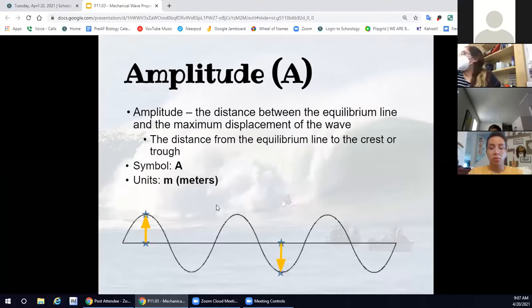Depending on the waves, sometimes it can be a very high amplitude, sometimes a very low amplitude. It can be in millimeters, it can also be in kilometers, depending on what type of waves we're talking about. For example, AM and FM radio waves can go a longer distance, so they tend to have a higher amplitude.